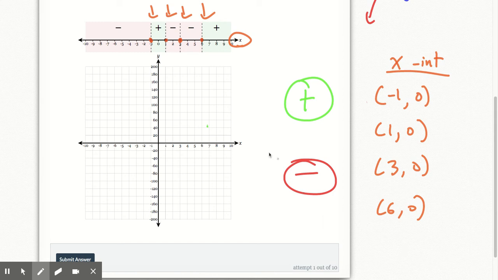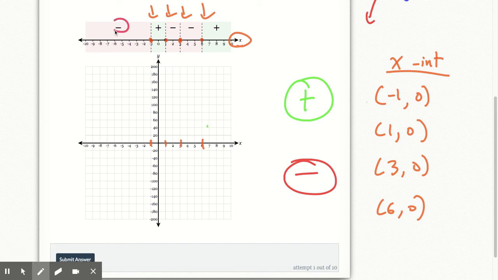Okay, so here's the first thing that we need to know. Our graph needs to hit each one of those points on the x-axis, right? So no matter what else the picture looks like, we know it's going to touch the x-axis here, there, and there. The only other thing we need to do is figure out what it looks like around those points.